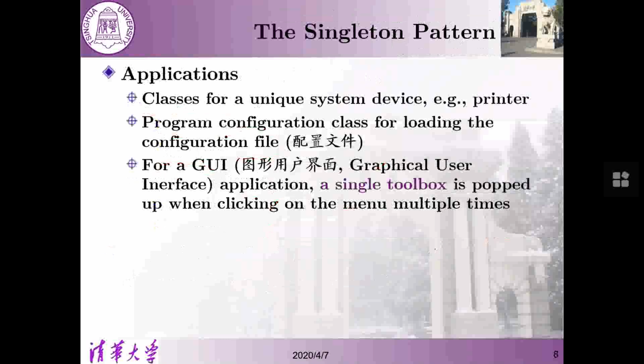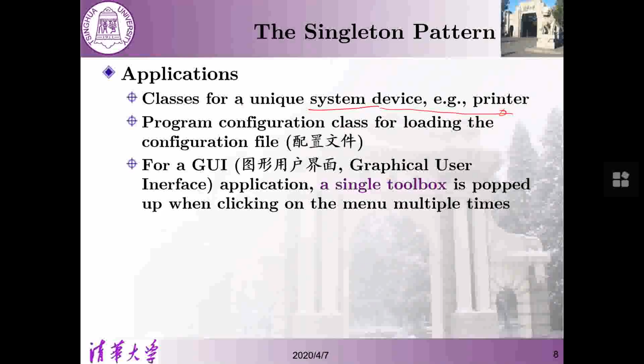And how do we control the number of instances of a class? Why should we control the number of instances for a given class? This is because there are such applications. For example, a system typically has only one printer.